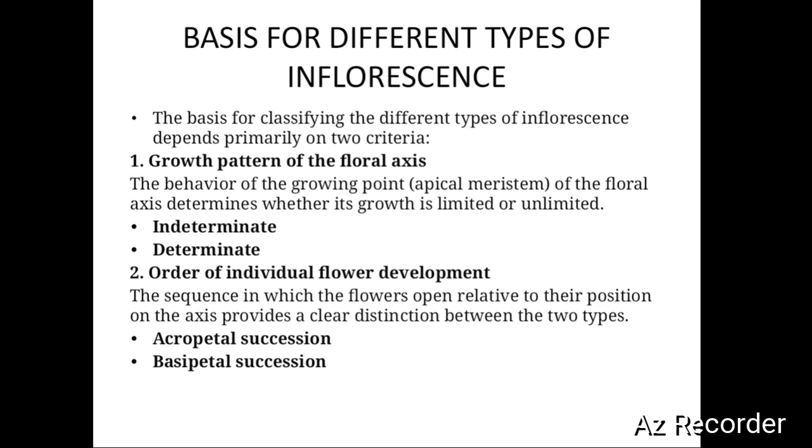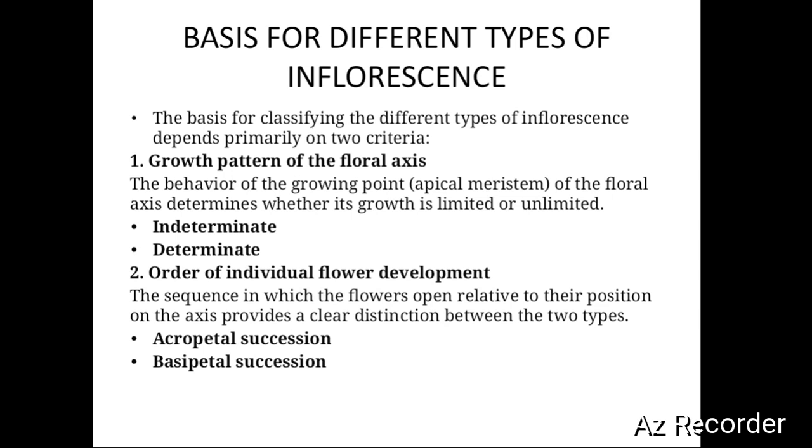So some flowers develop in a way that the younger ones always grow near the apex, while the old ones are far away from the apex but still along the same axis.